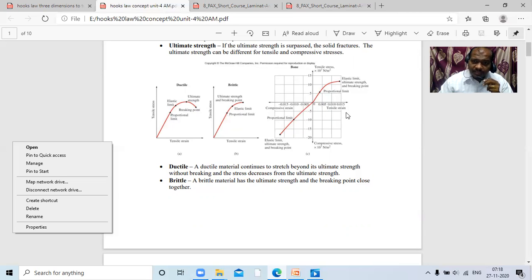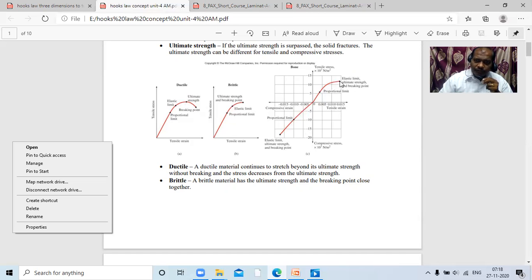Tensile strain is on the x-axis, and on the y-axis we have tensile stress. From here, the curve goes like this: elastic limit, ultimate strength, and breaking point. These three points are there. This is for a brittle material. Why? Because beyond this, the graph is not there, which shows this graph is drawn for the brittle material.